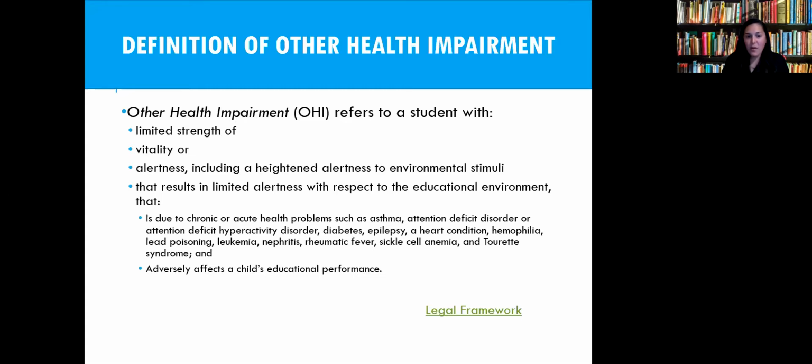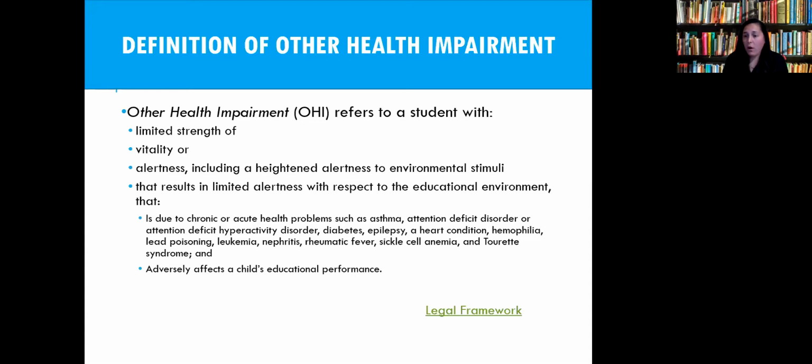And so the law states that some of the conditions that may fall under this area are things like asthma, ADHD, diabetes, heart condition, Tourette's, things of that nature. The one that you may see more prevalently is ADHD. The majority of the kiddos in the educational setting that are served under this condition are served under it due to ADHD.